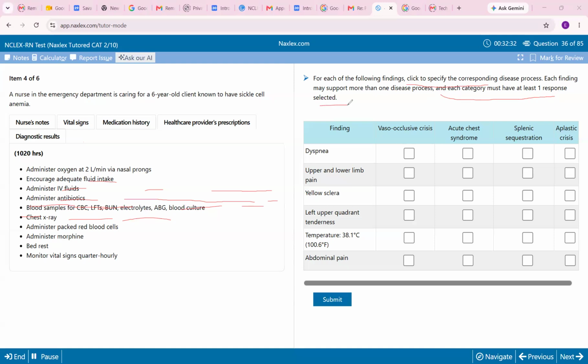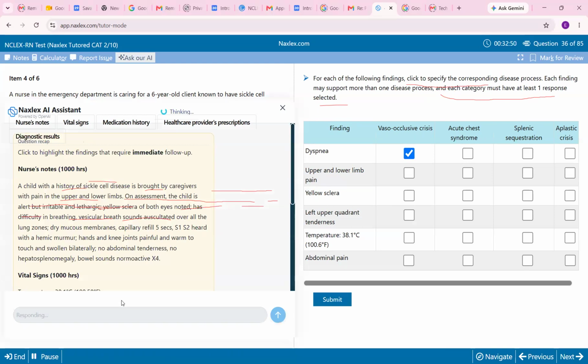Okay, for dyspnea, we can see it in the vaso-occlusive crisis, and acute chest syndrome. I'm a little bit confused with aplastic crisis and splenic sequestration.